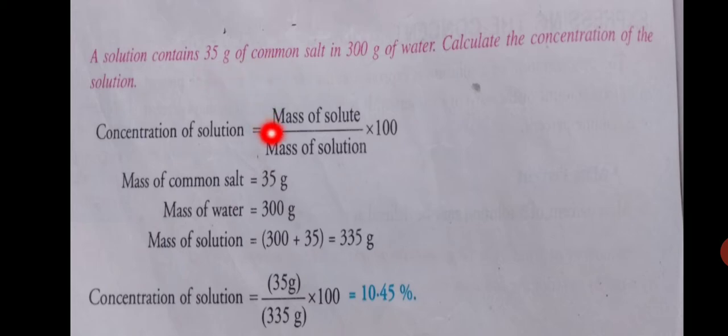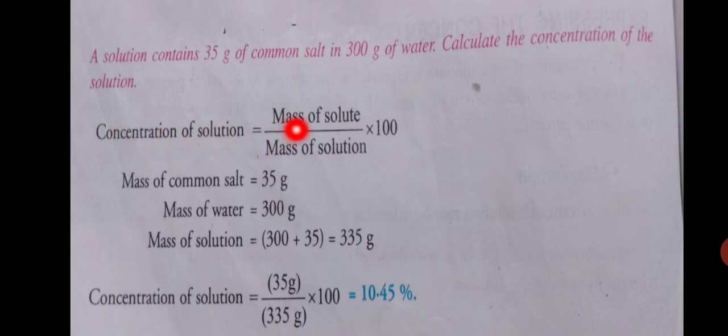In the question, how are we finding the equation? Both are given in terms of mass, so we use the first formula, mass by mass percentage. What is the equation? Concentration of the solution, or you can write percentage composition, or mass by mass percentage.